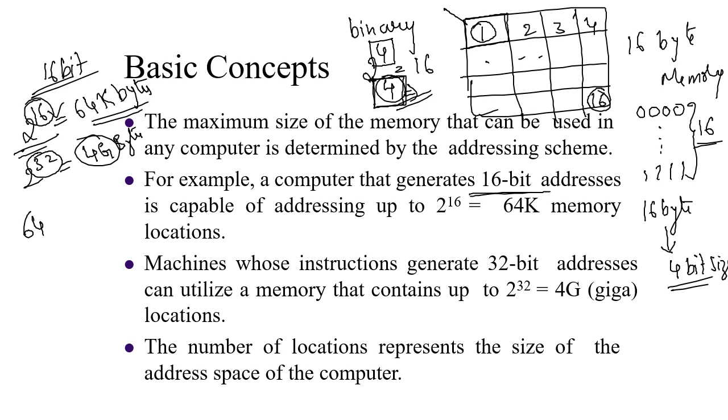have 64 kilo, that is 64 into 1024 memory locations. So you can have 64 into 1024 addresses, that is 65,536 different addresses you can have.